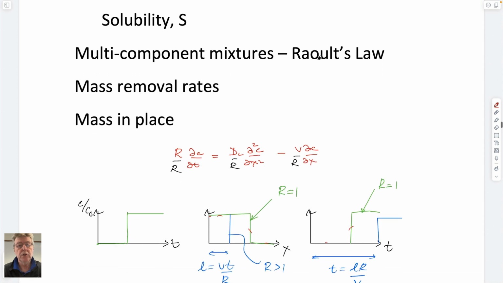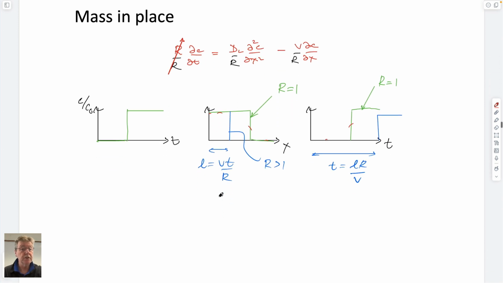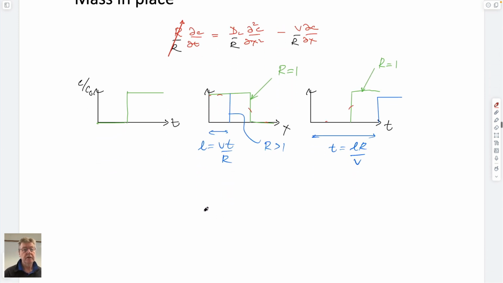Therefore we want to know what those effects are. Very simply, when we change the advection equation around, we get this red term for the retardation. We divide through both sides by the retardation factor, so this becomes 1, and then it tells us exactly what the behavior is going to be in a straightforward way.